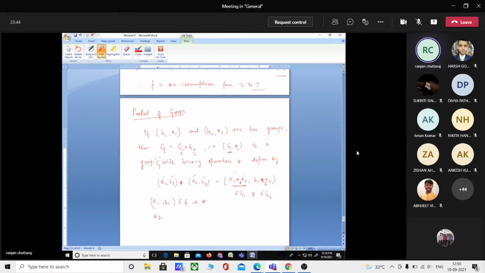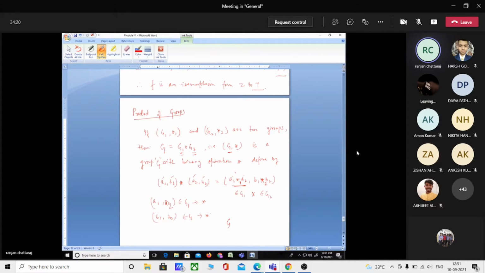Similarly, A2, B2 belongs to G. I am considering A1 and A2, which belong to G1, and B1 and B2, which belong to G2.